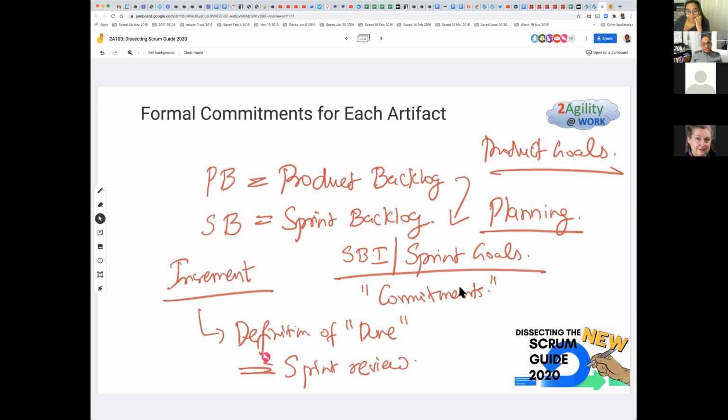There are also intermediary checkpoints of whether we are on track for our sprint goal commitments on a daily basis, which is called the daily Scrum. The team meets every day to review the work that has been done in the last 24 hours and whether we are on track. To review the commitment is the daily Scrum meeting. So that's the formal commitment.